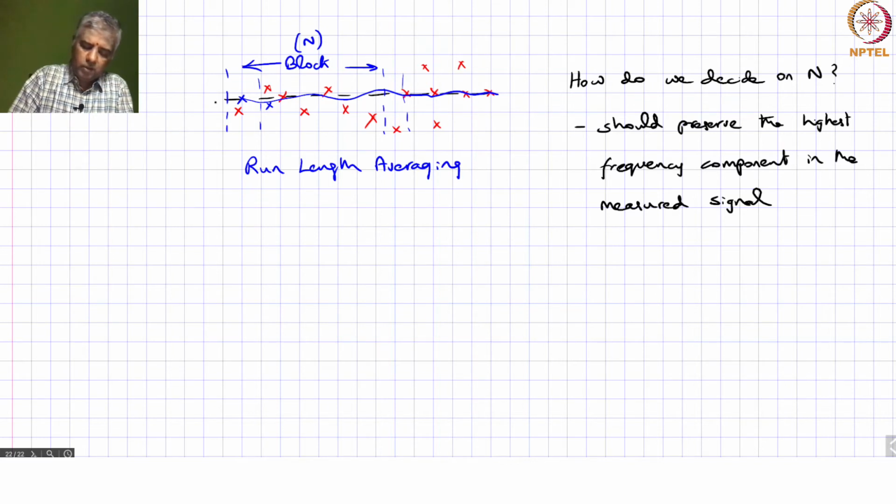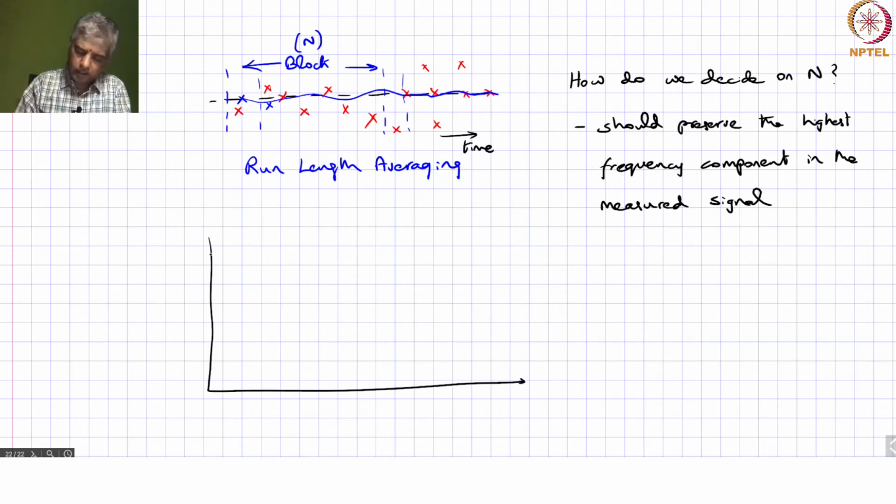So far, we've been looking at the value of the measurand being constant over time, right? Because this is measured over time. Okay. What if it is not constant? So let's say this is a function of time.